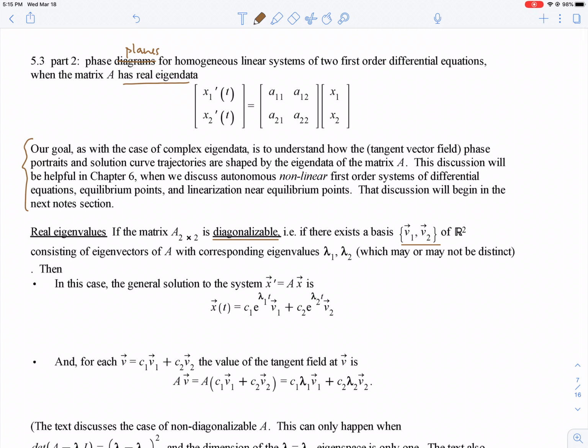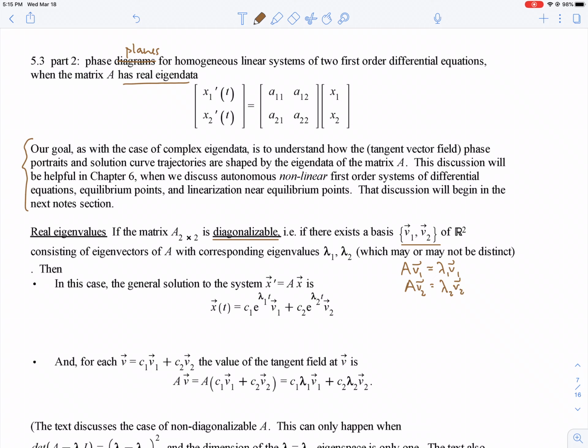In other words, you have v1 and v2 independent, where A of v1 is lambda 1 v1, and A of v2 is lambda 2 v2.